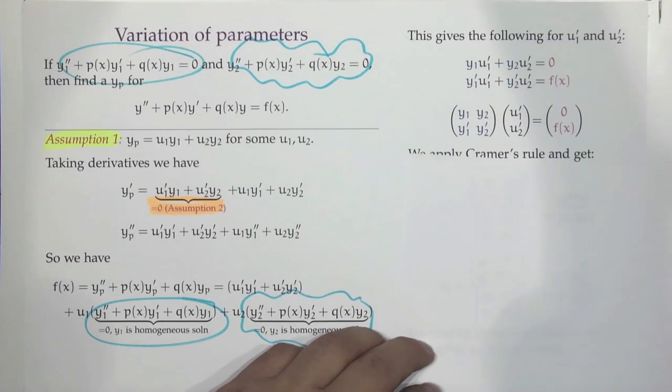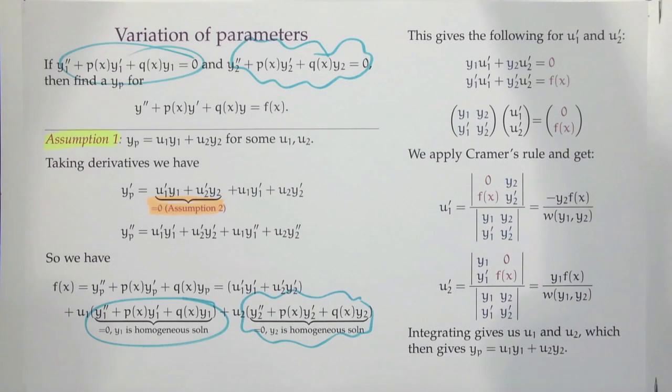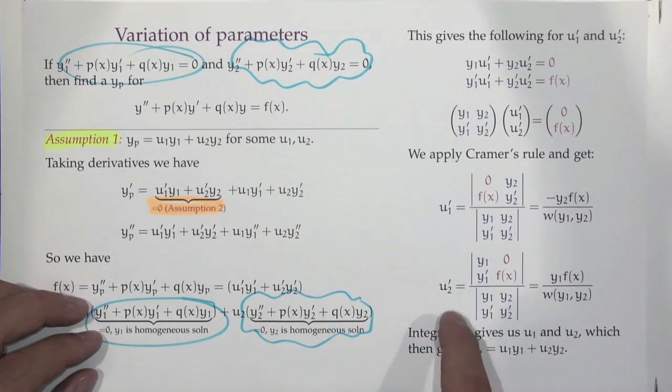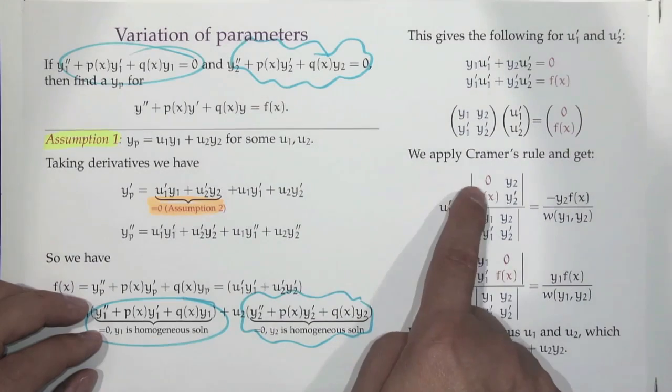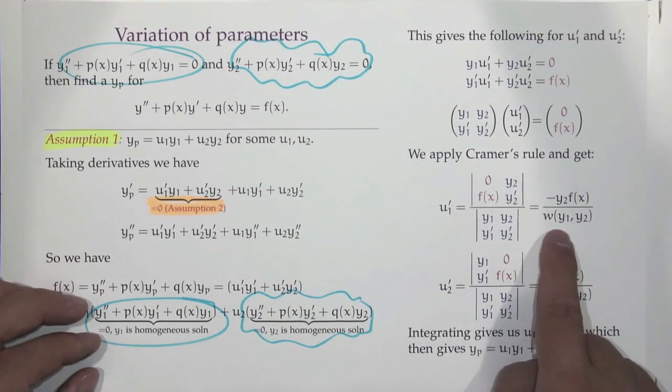All right. Well, Cramer's rule. And we can solve for u1 prime and u2 prime. So, of course, this becomes, take the determinant downstairs and do it on both of them. And then upstairs, you just swap the 0 and f of x depending upon which column. You might notice this expression. Remember what that is?